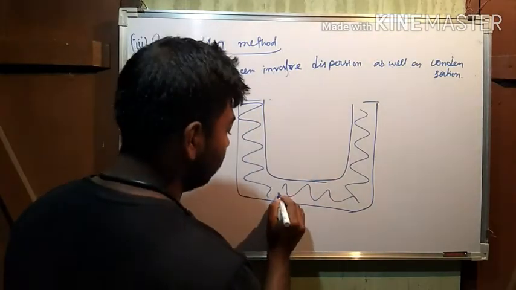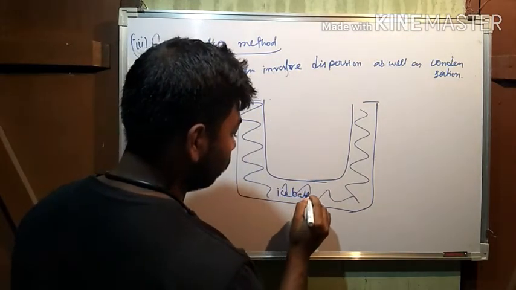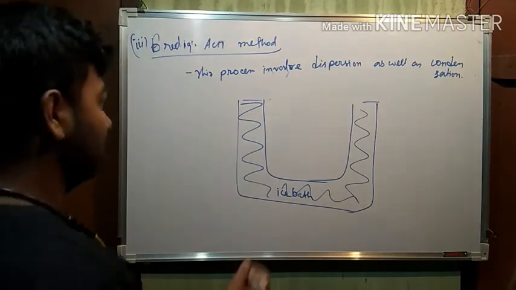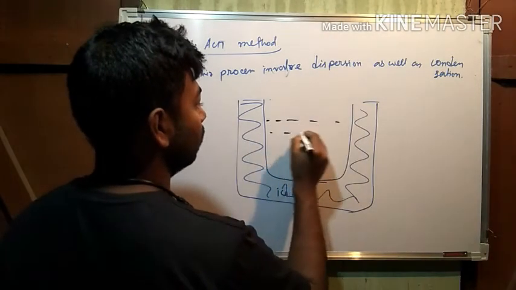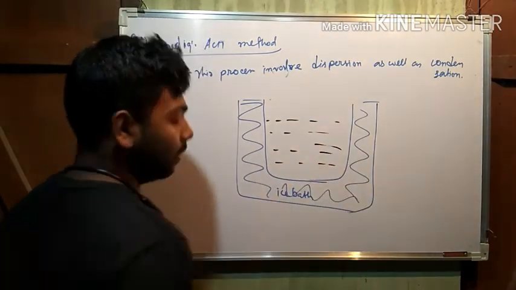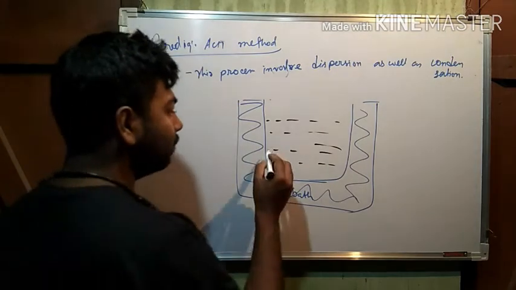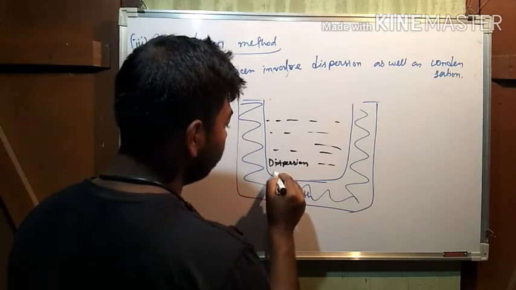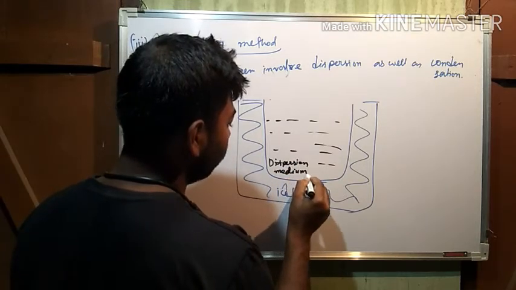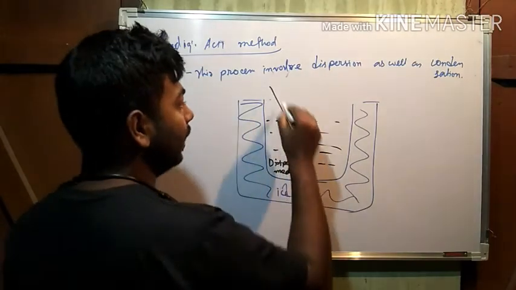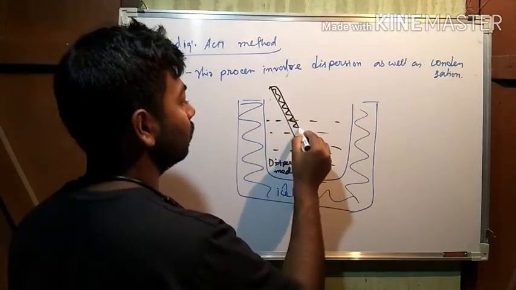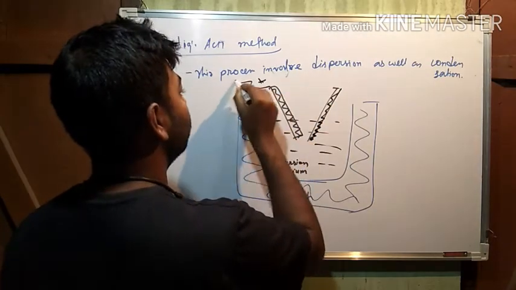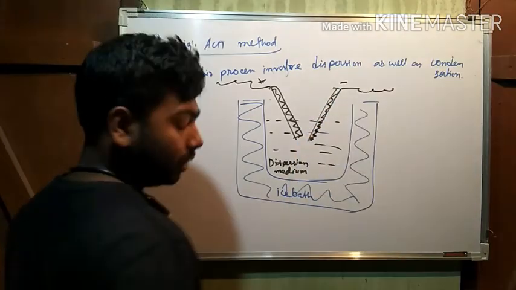But in between the ice bath, here is a water solution, or you can say water, which is the dispersion medium. When we apply an electrical spark, this is an electrode, this is another electrode. Suppose it is positive, suppose it is negative.